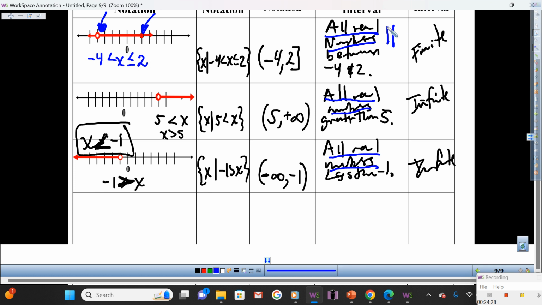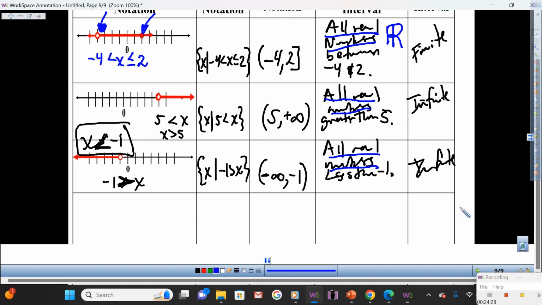Two bars down and make an R. That's the symbol for all real numbers. It shows kind of like a hashtag in between the R, like real numbers.